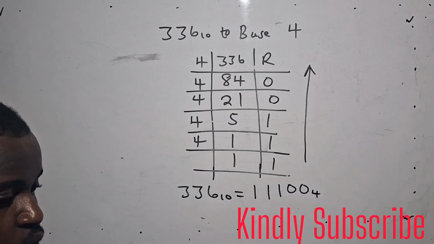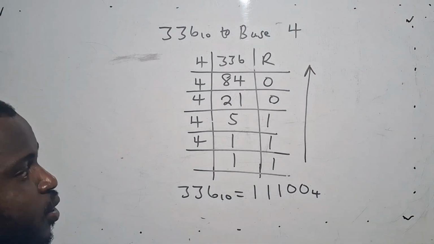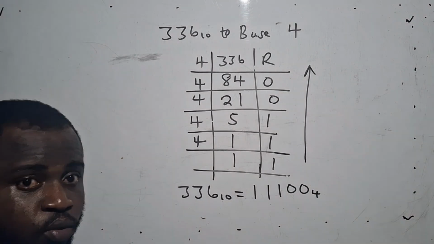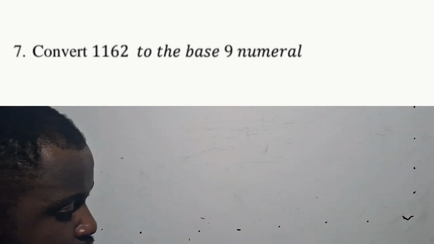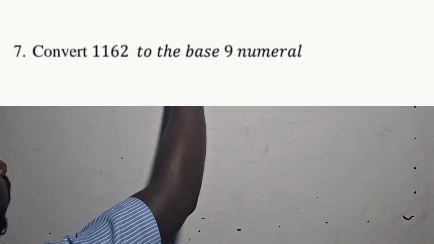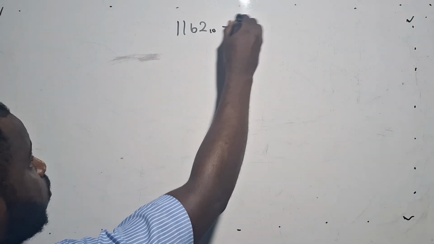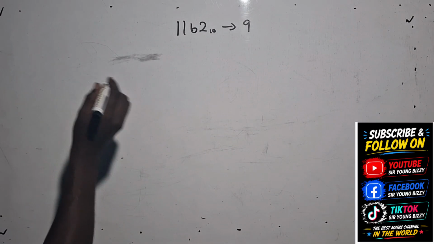So we are quickly going to take our last question on this. And that one, I'm going to prove something for you to see. The last question says we have to convert 1162 base 10 to base 9.